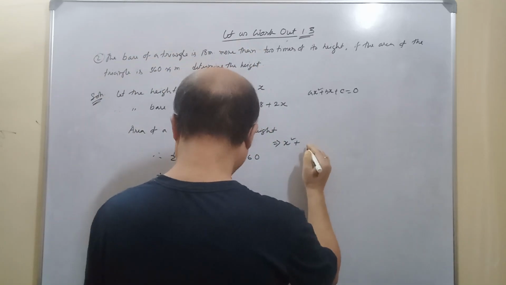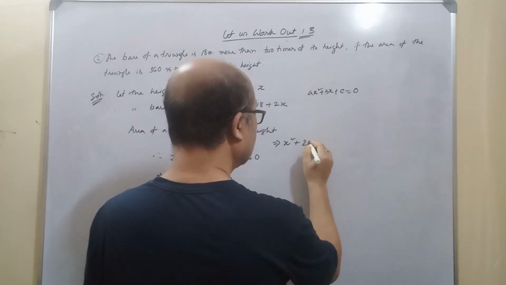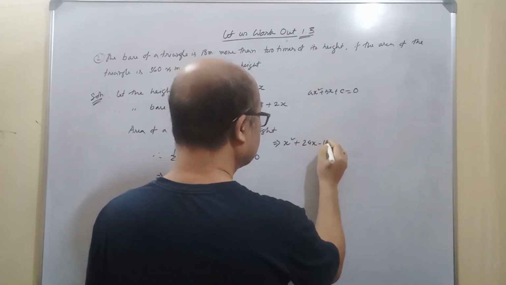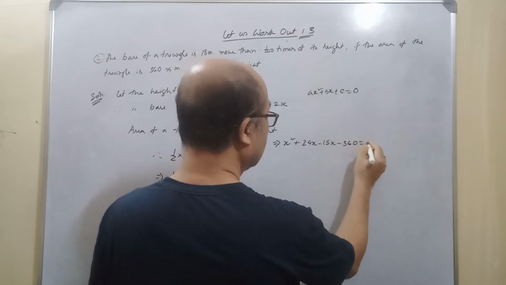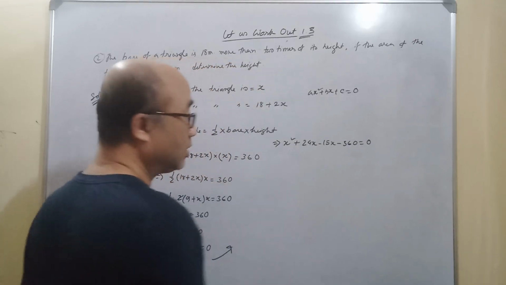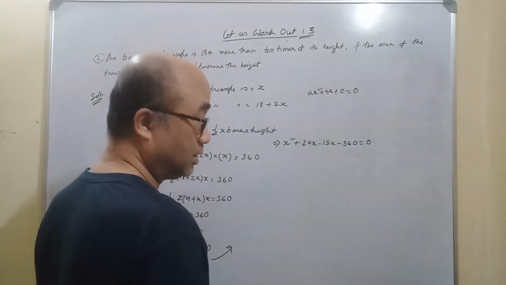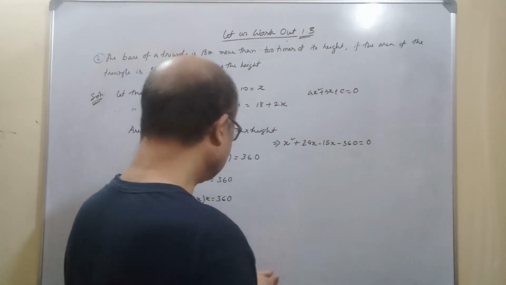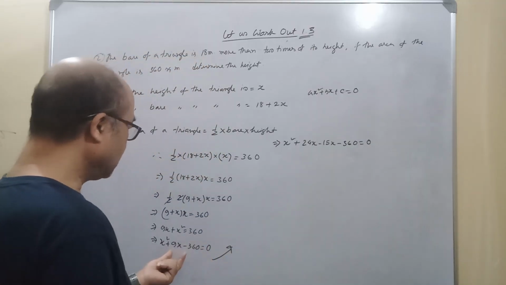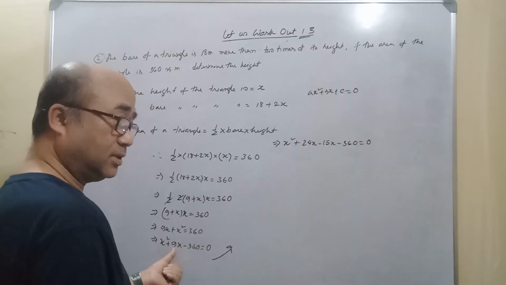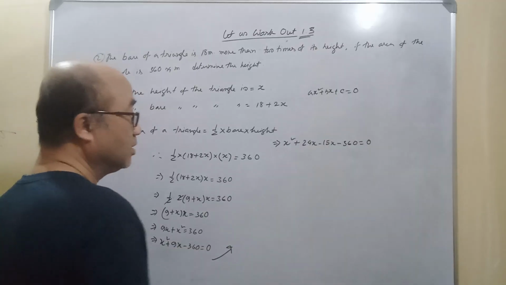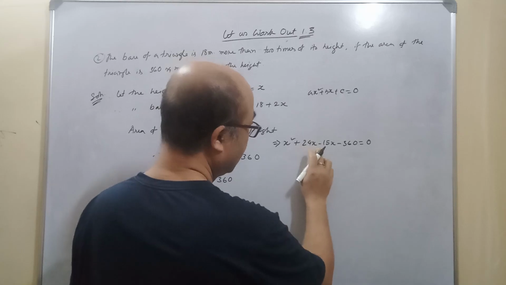So this can be written as x square plus 24x minus 15x minus 360 equal to 0. You remember the factorization method? Find two numbers whose product is 360 and whose sum is 9, the coefficient of x.